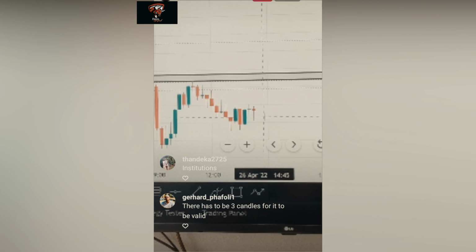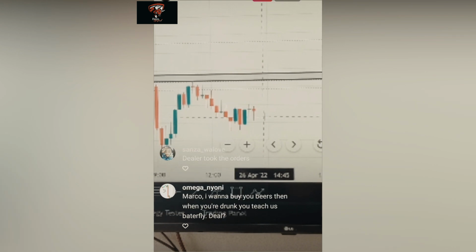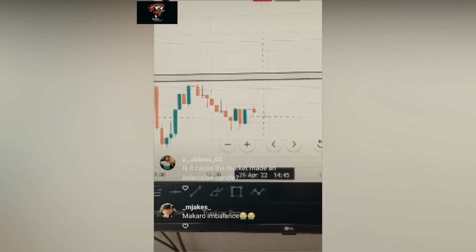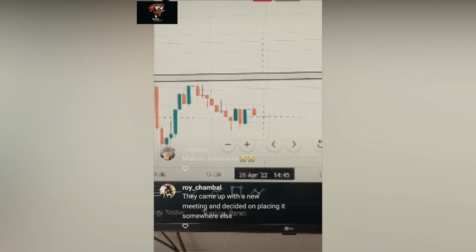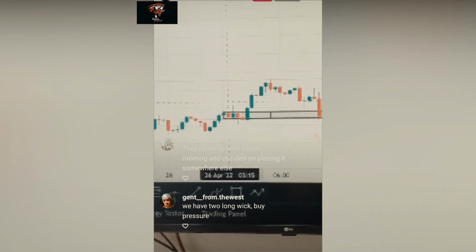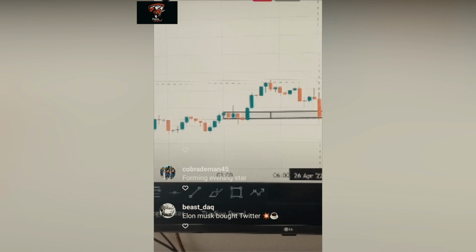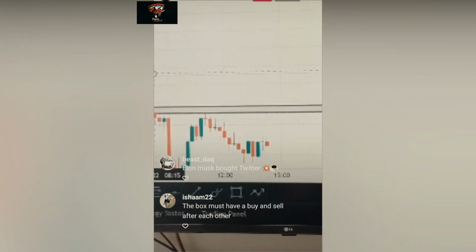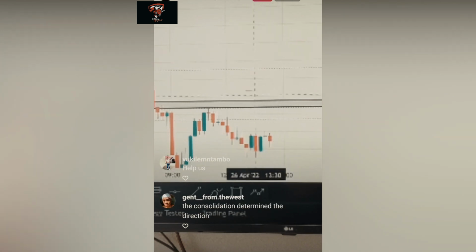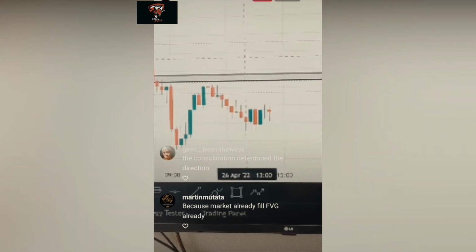No. No. Imbalance? No. There has to be 3 candles. No, there wasn't 3 candles. Yeah, it was more than 3 candles. But something validated this. We have 2 long wicks? No. Evening star?